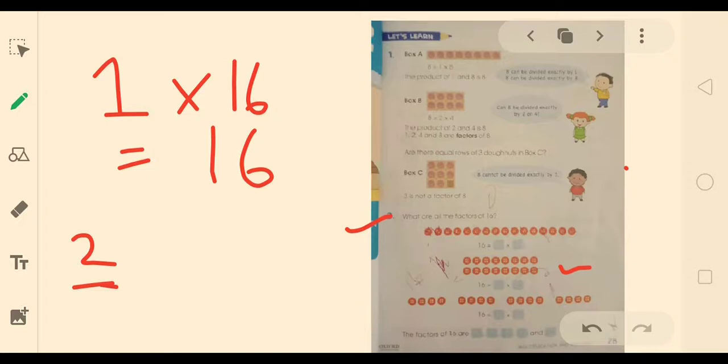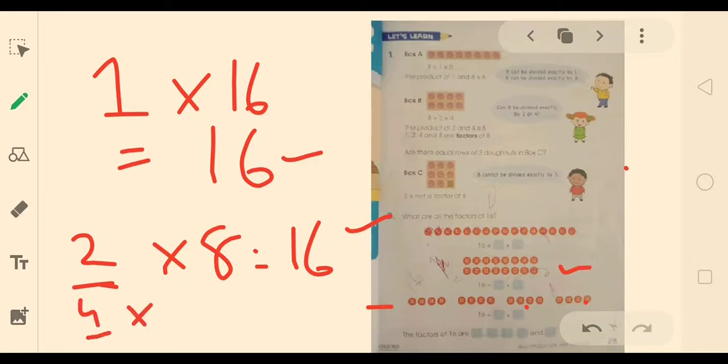So what will be the final answer? Again the same answer, 16. Come to the next one. How many rows? 1, 2, 3, 4. And how many discs in each row? 1, 2, 3, 4. It means 4 rows and 4 discs. So 4 multiplied by 4 is equal to 16.